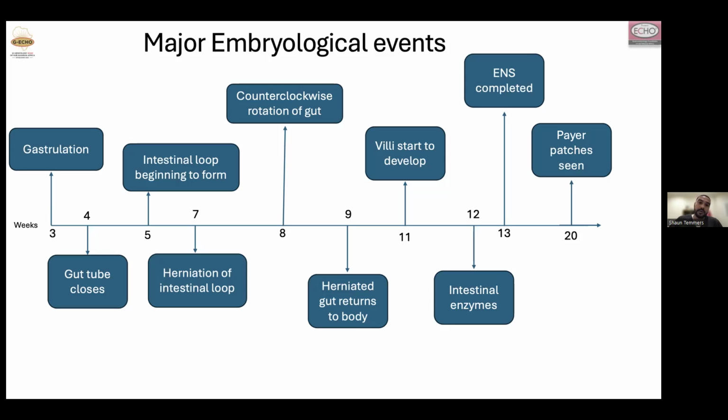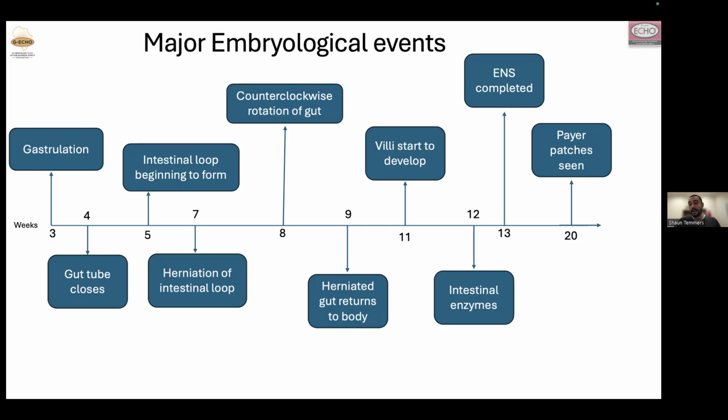At this stage during embryological development, the gut's orientation is still very much a single linear tube from oral to anal. Then 2 weeks later, about week 7 of embryological development, herniation of the gut loops occurs. This happens because the intestinal loops grow much faster than the abdominal cavity can accommodate.